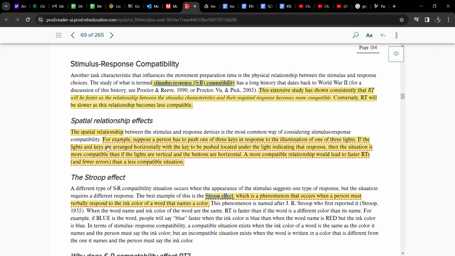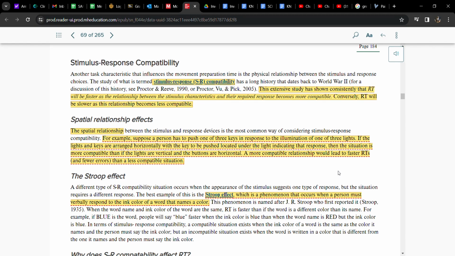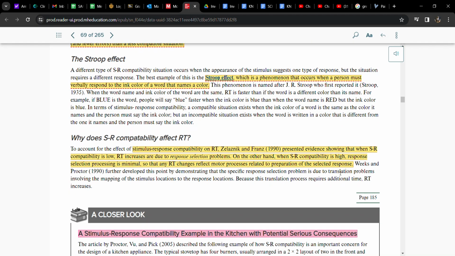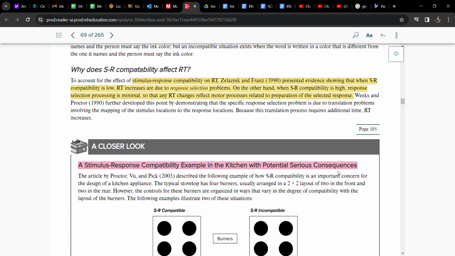If the keys and lights are arranged horizontally with the key to be pushed located under the light indicating that response, then the situation is more compatible than if the lights are vertical and the buttons are horizontal. The more compatible the relationship is, the more quickly your reaction time will be and the fewer errors you're going to see. So I'm going to show you an example of this below because we're going to scroll past a couple things here. We're going to come back up to that.